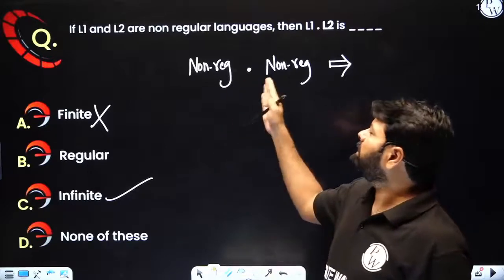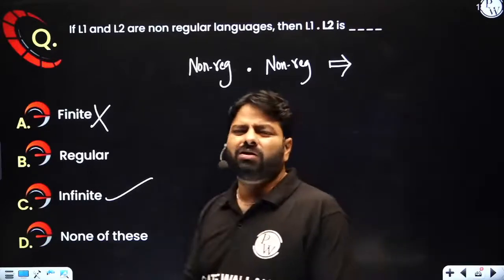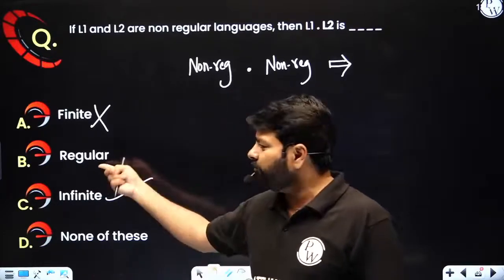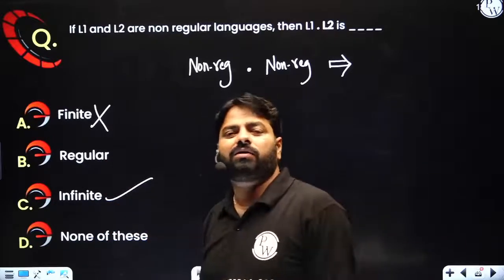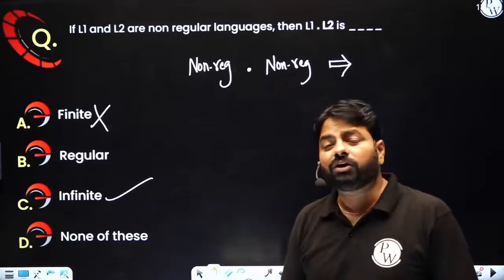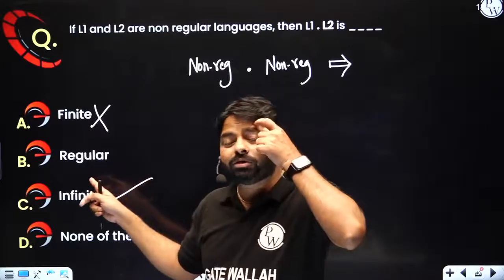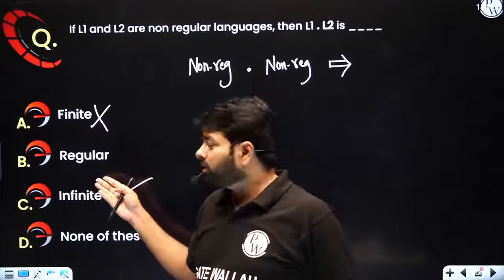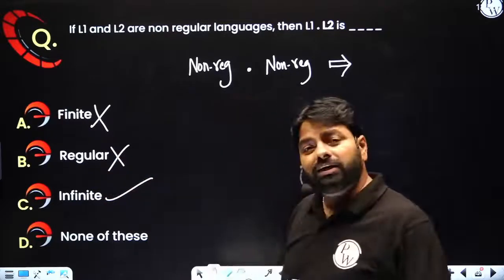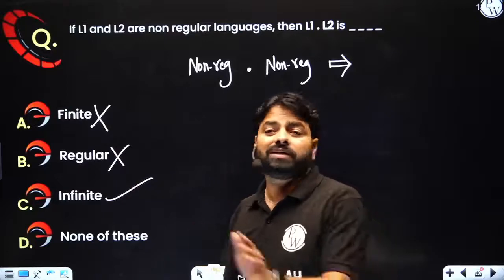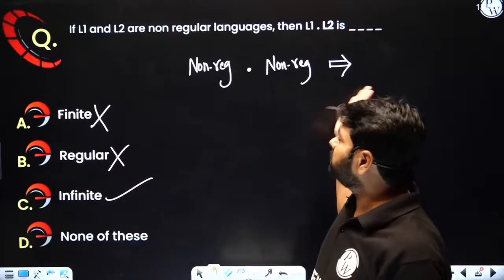Is non-regular dot non-regular always non-regular? That is too difficult to say. It could be possible that sometimes it is regular, but not always. So it is not always non-regular, and not always regular. Sometimes regular, sometimes non-regular.